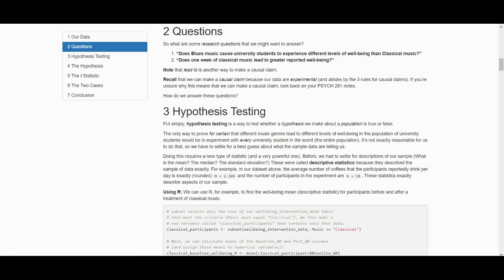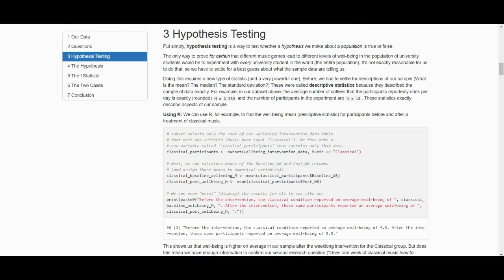Well, we need to note that lead to is another way to make a causal claim. And recall from your Psych 291 that we can make a causal claim in an experiment, because experimental research abides by the 3 rules we need for causal claims. If you're unsure why this means we can make a causal claim, I'd suggest you look back at your Psych 291 notes.